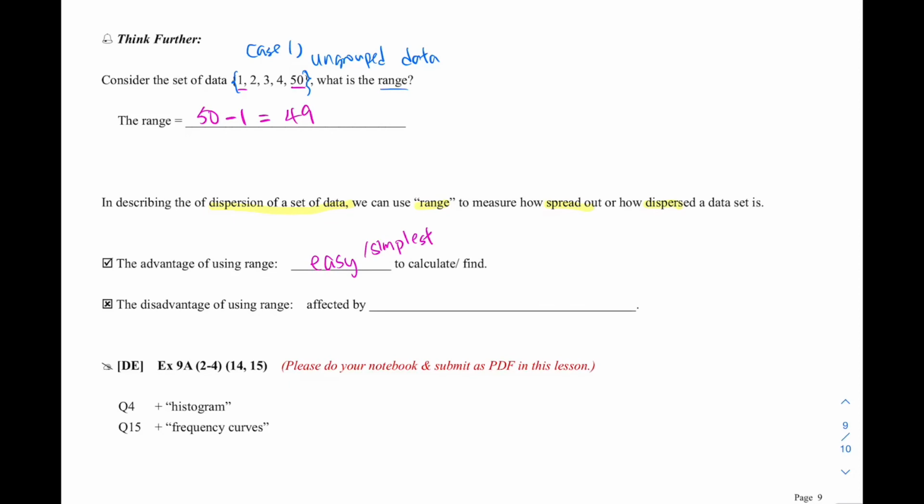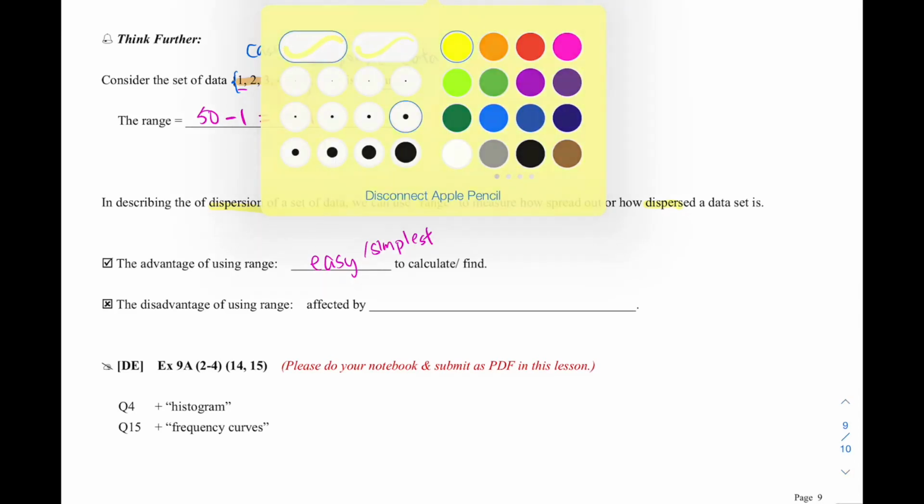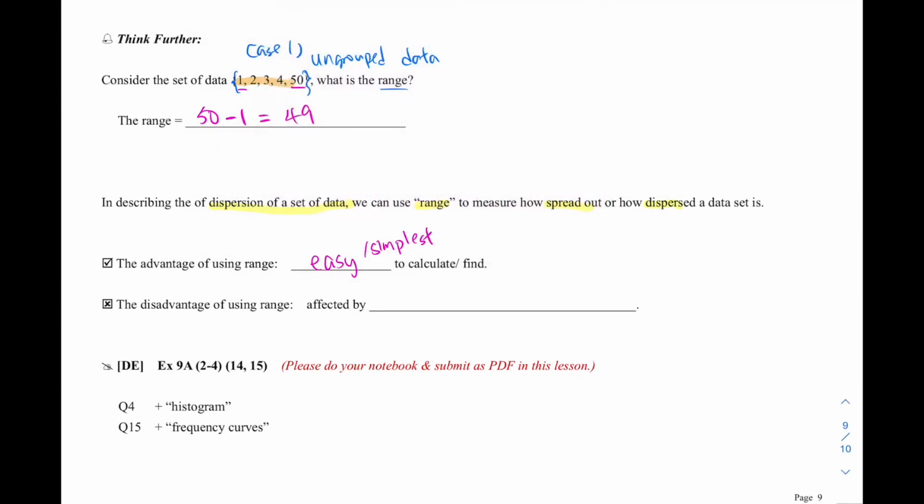However, when you study the set of data, you find that actually 4 of the 5 data are quite concentrated around 2.5, and only 1 datum, 50, is far away from the 4 data. And you find for this case the range is 49.